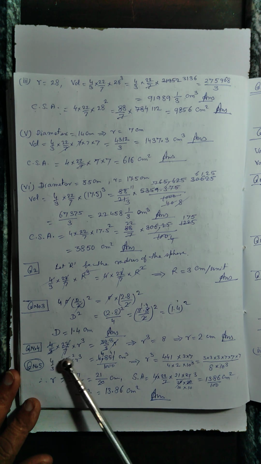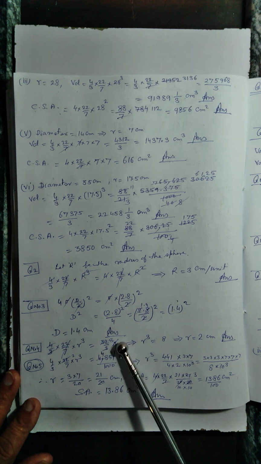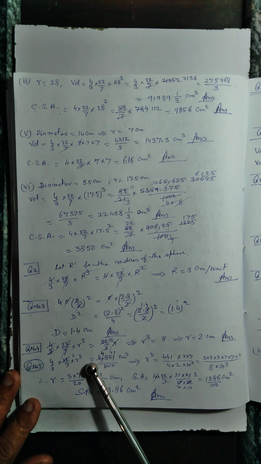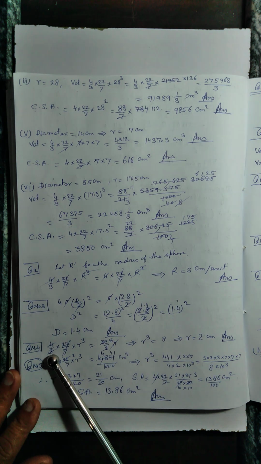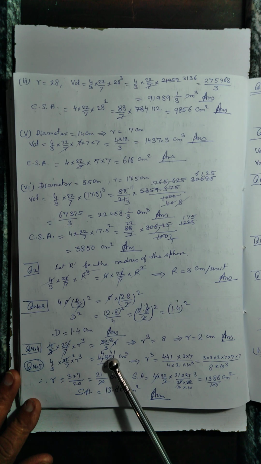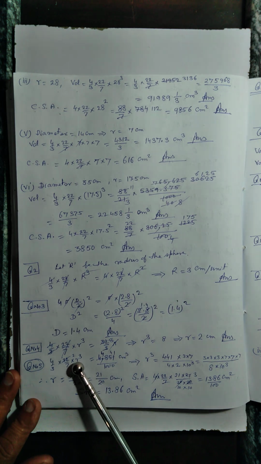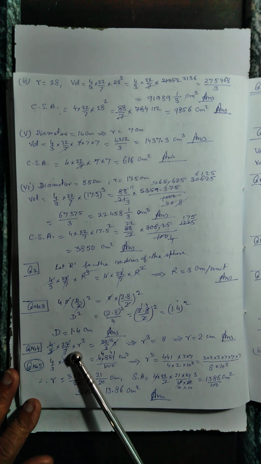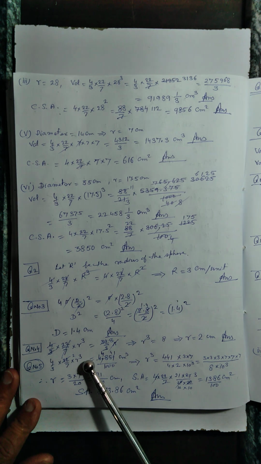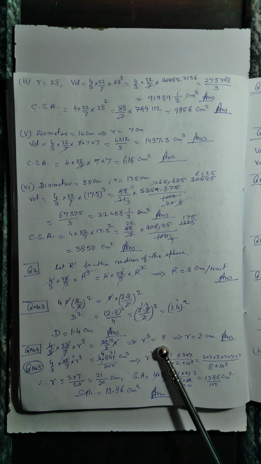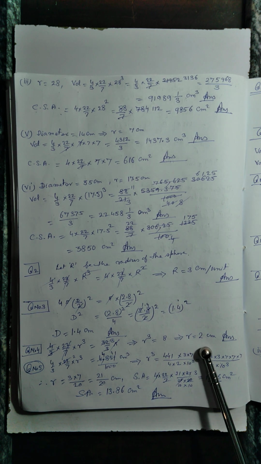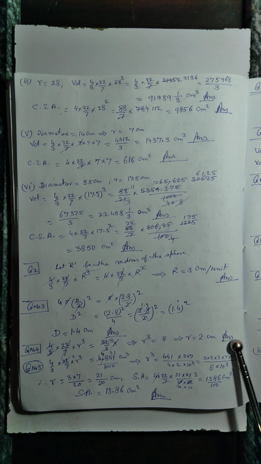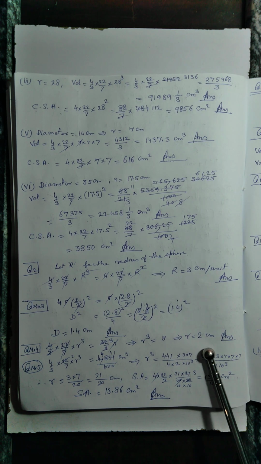So pi and pi will be cancelled here. 22 by 7 and pi will be cancelled. Now 4 8s are 32 and 3 will be cancelled here. So r cube is equal to 8. Now take the cube root of both the sides. So r will be equal to 2 centimeter.